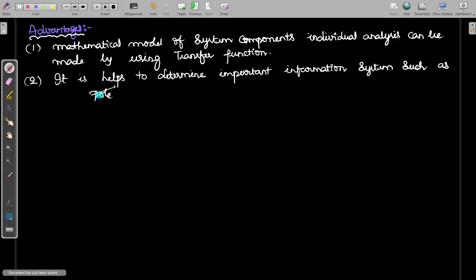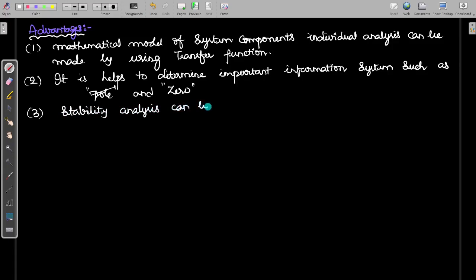We will see the meaning of the pole and the meaning of the zero in the root locus problems. Stability analysis can also be easily done by using this transfer function.